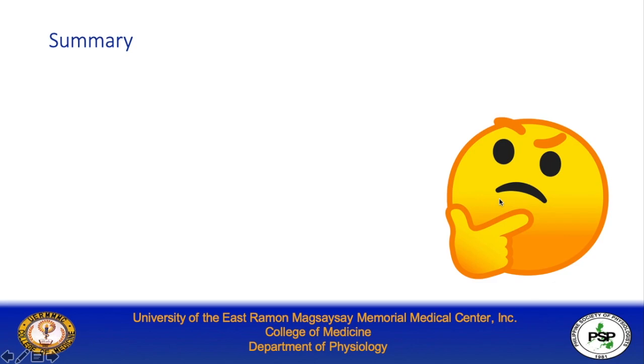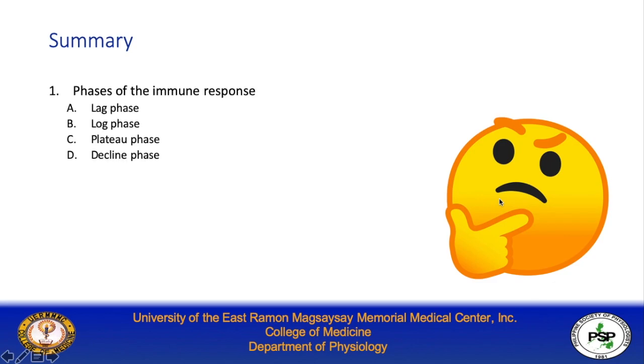So in summary, what we have discussed would be the different phases of the immune response: the lag phase, log phase, plateau phase, and the decline phase. Just remember what happens in each phase. We've also looked at the regulatory mechanisms for the immune response, specifically the importance of the regulatory T cell.